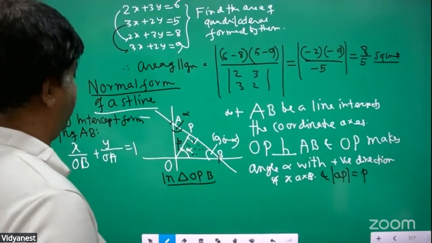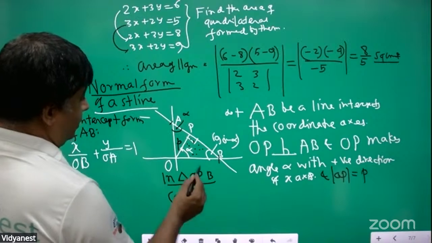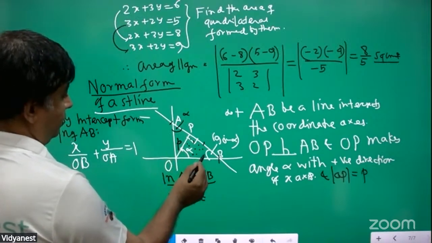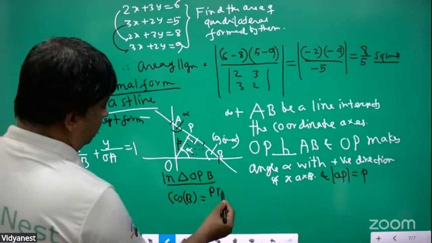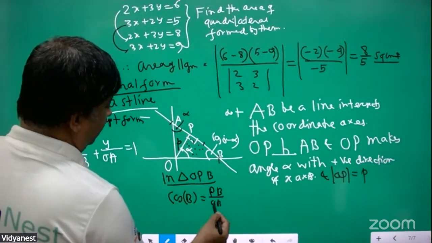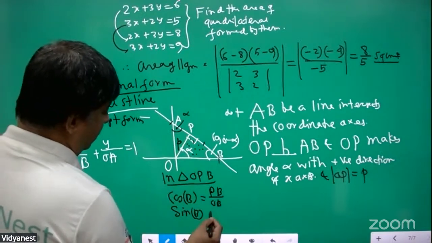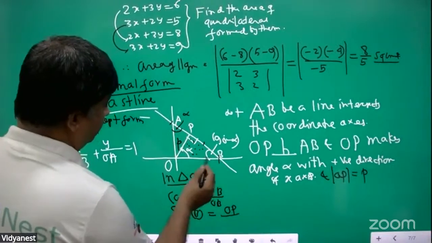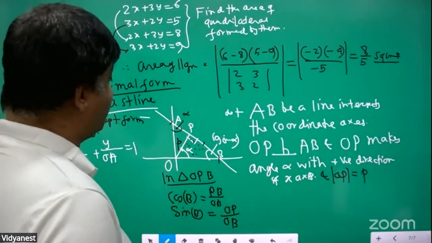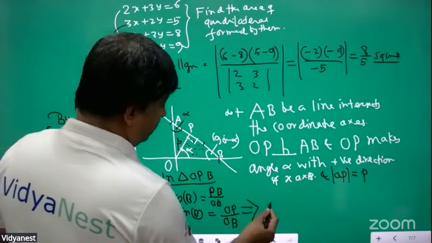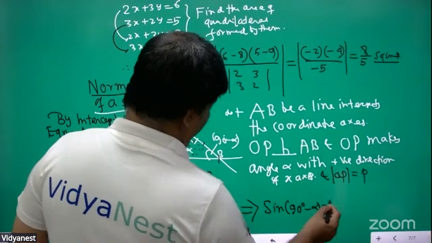AB's equation we have got. Now, cos of angle B is what? Base by hypotenuse. And sin B is perpendicular OP by hypotenuse. The sin B is what? Sin of 90 minus alpha.